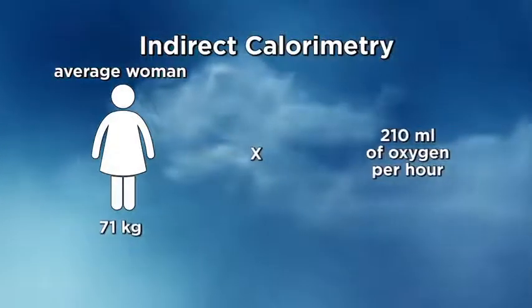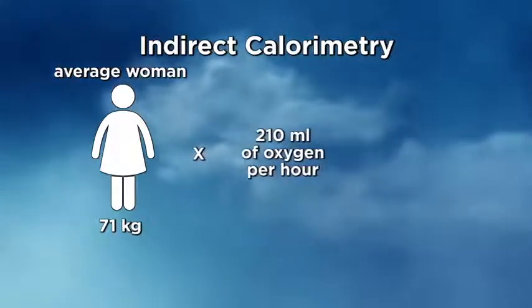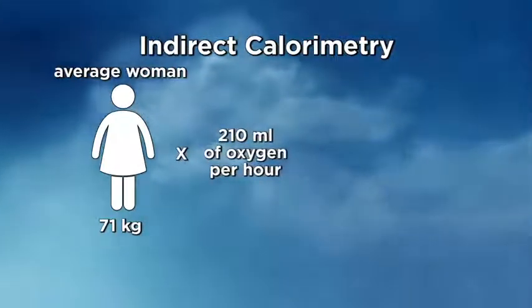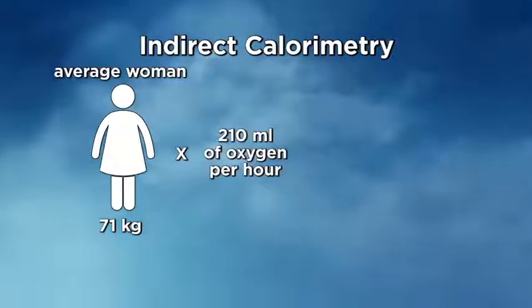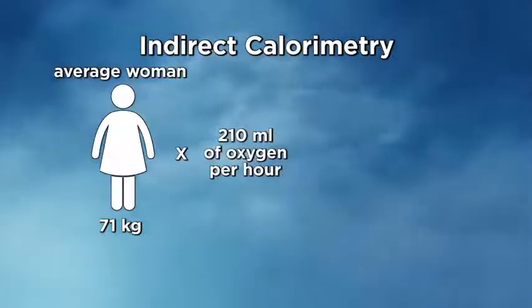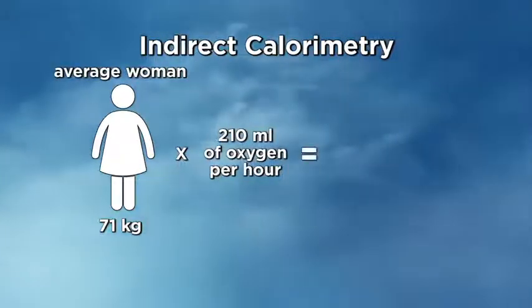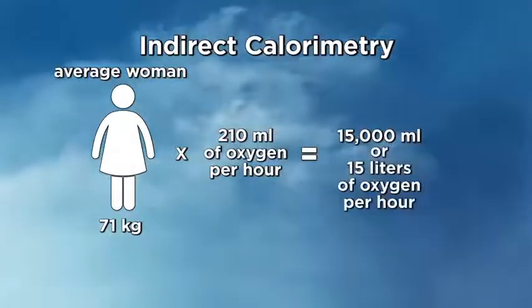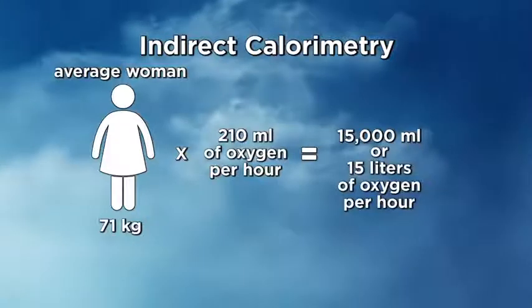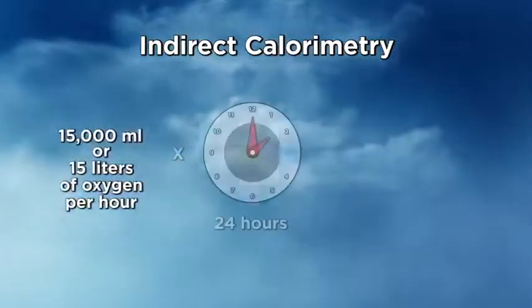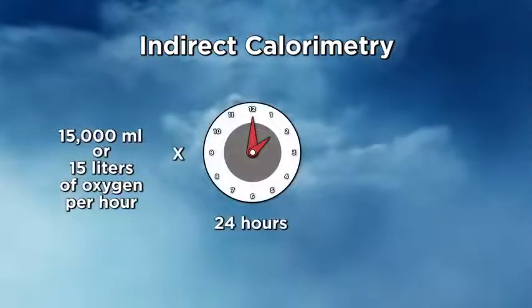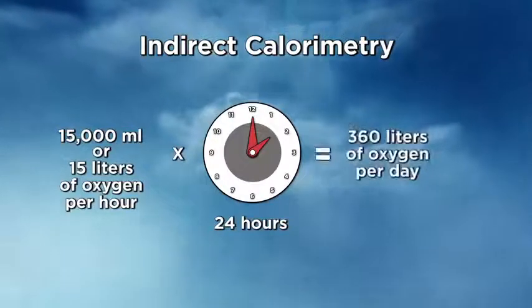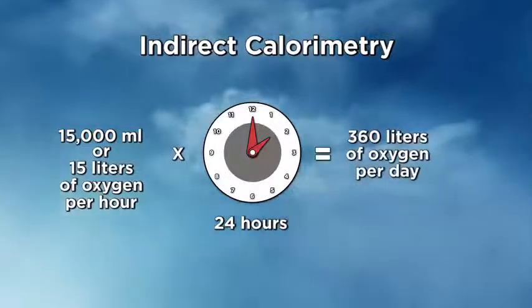Then we multiply her oxygen use by her weight in kilograms, which is 71. So 210 milliliters times 71 kilograms equals about 15,000 milliliters, or 15 liters of oxygen per hour. Then, multiplying this out over 24 hours, our subject consumes 360 liters of oxygen per day.